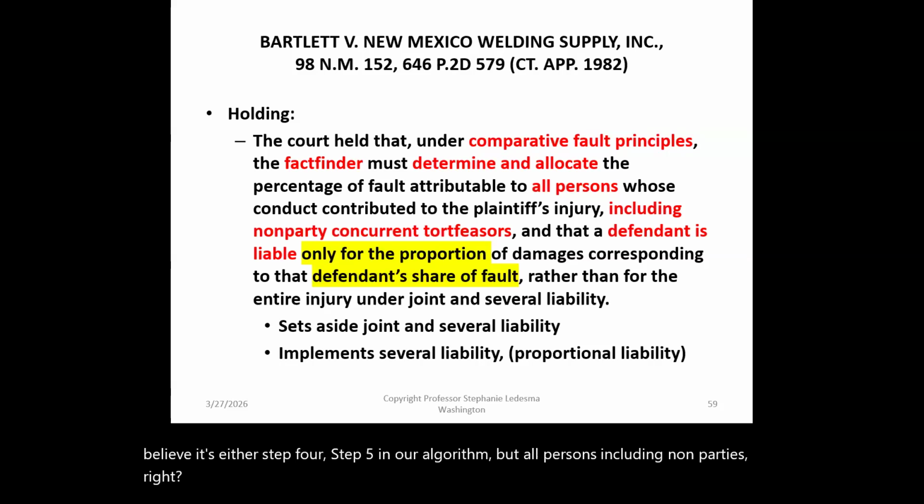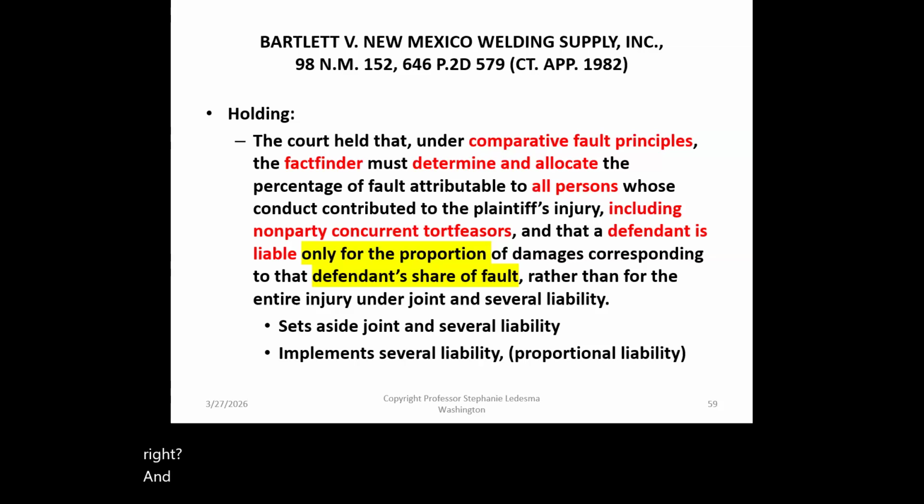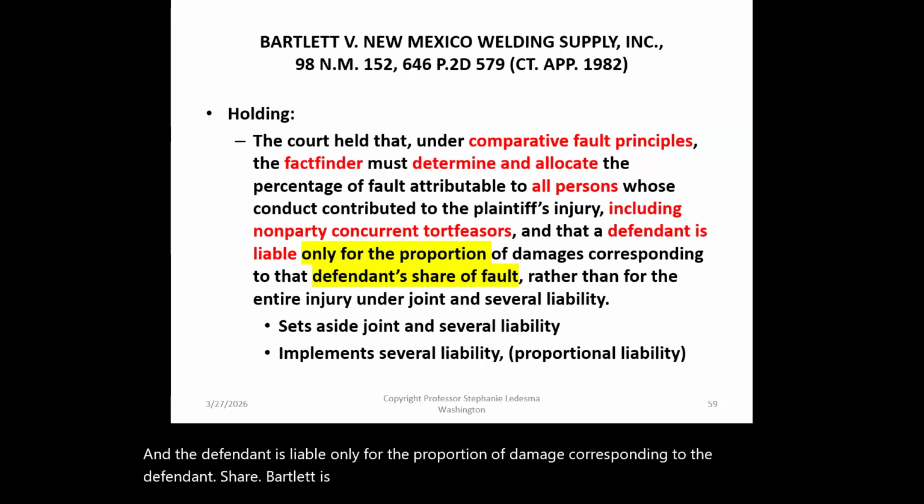And the defendant is liable only for the proportion of damage corresponding to the defendant's share. Bartlett is the case for New Mexico that set aside the doctrine of joint and several liability and instead implements several liability only.